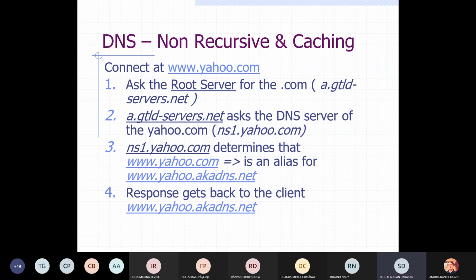And now, how are things actually happening in practice? Suppose I have a browser on a regular PC and I want to connect to www.yahoo.com.